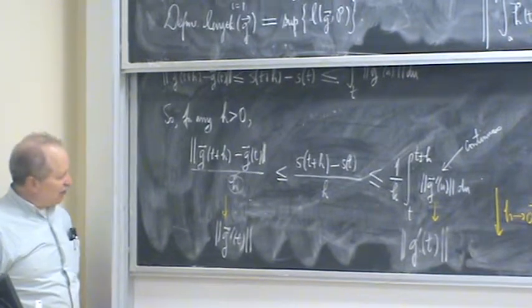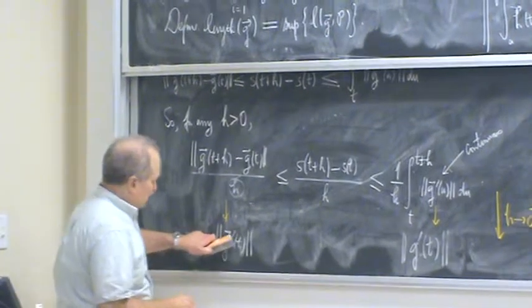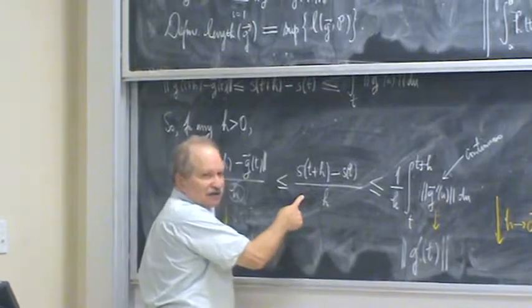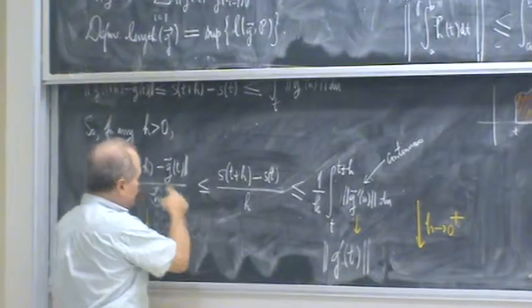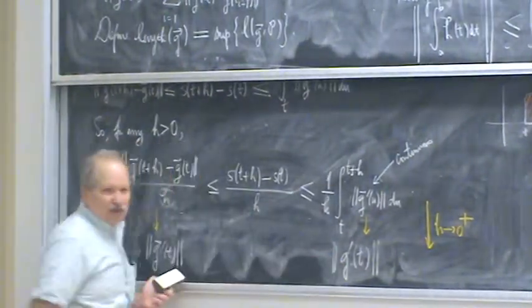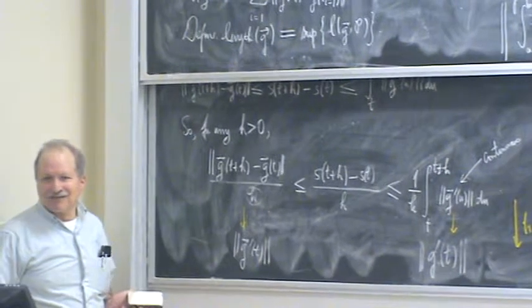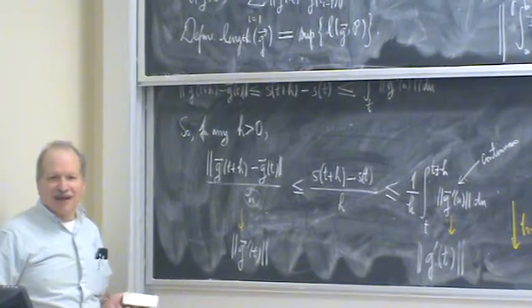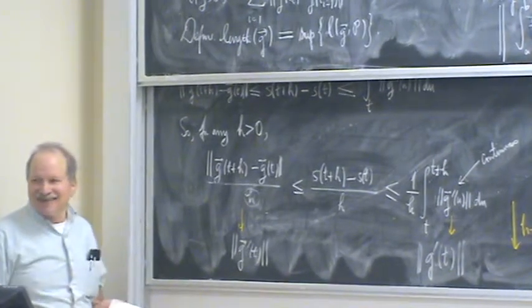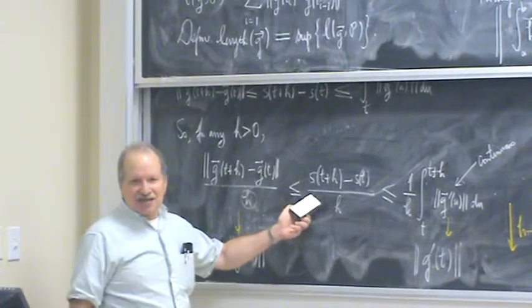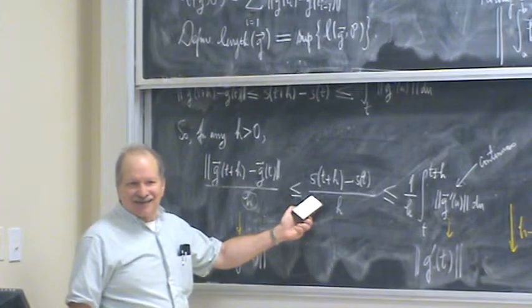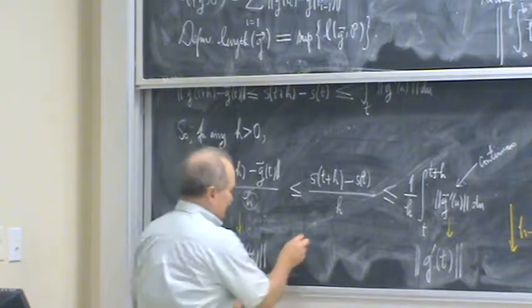So what does it look like, folks? This thing is squeezed between two things that both have the same limit. Therefore, by your homework problem back in chapter 2 months ago, this limit exists. And it must be that.